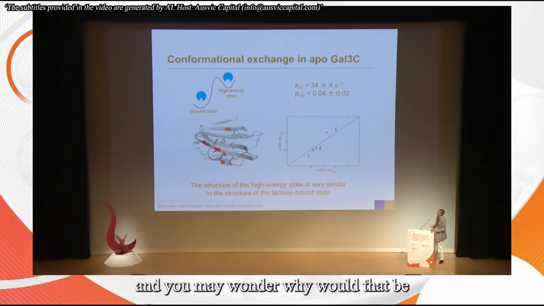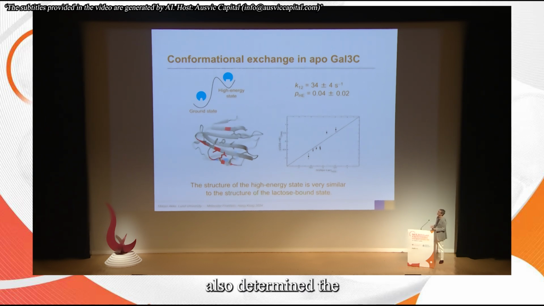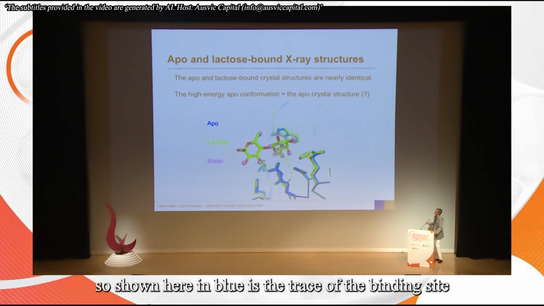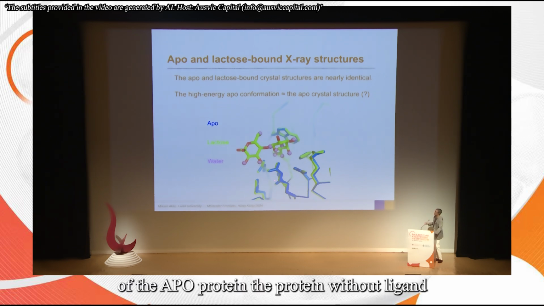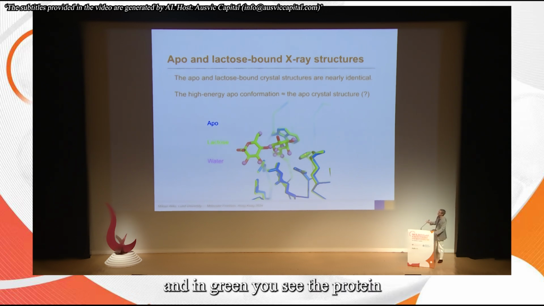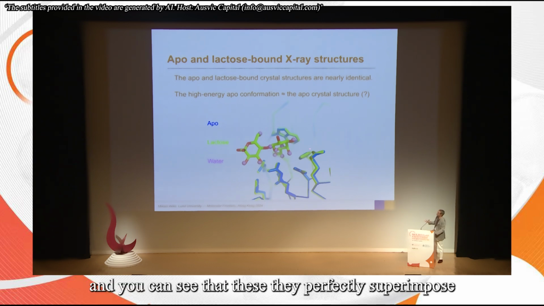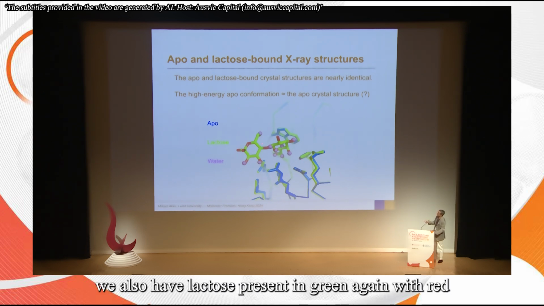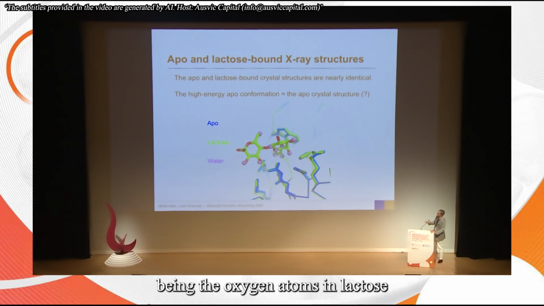And you may wonder, why would that be? And we were lucky because we also determined the X-ray crystal structures of this protein. So shown here in blue is the trace of the binding site of the apoprotein, the protein without ligand. And in green, you see the protein when it has bound lactose. And you can see that these stay perfectly superimposed. They look exactly the same. For the green, we also have lactose present. In green, again, with red being the oxygen atoms in lactose.